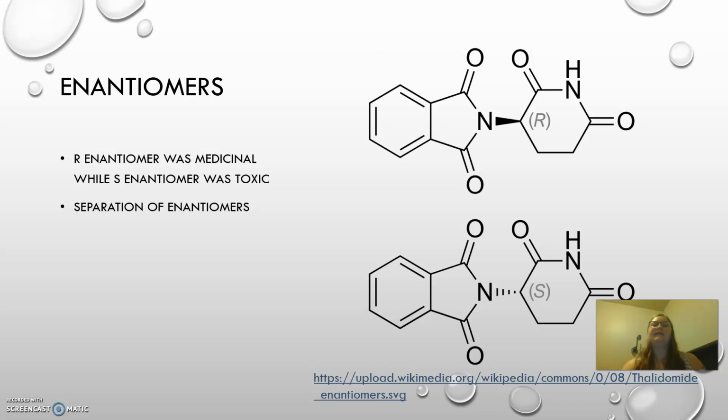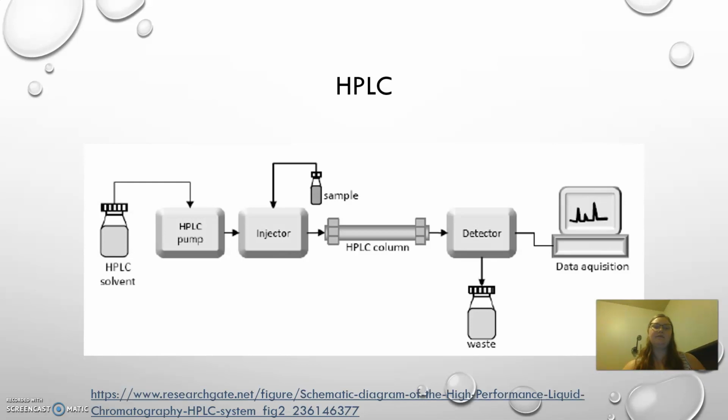Because of this, what a lot of medicinal chemists and chemists in general really wanted to figure out was how to separate the enantiomers. And so they ended up finding a way, and this way is high-performance liquid chromatography.